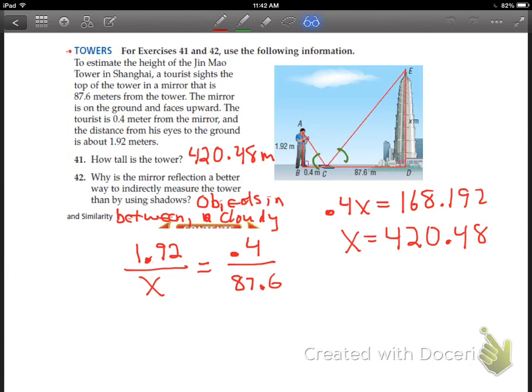Forming ratios of corresponding sides, 1.92, the height of the man, over the height of the tower equals the length along the ground from the man to the mirror over the length along the ground from the mirror to the building's base. Cross-multiplying and solving, the building is approximately 420 feet tall.